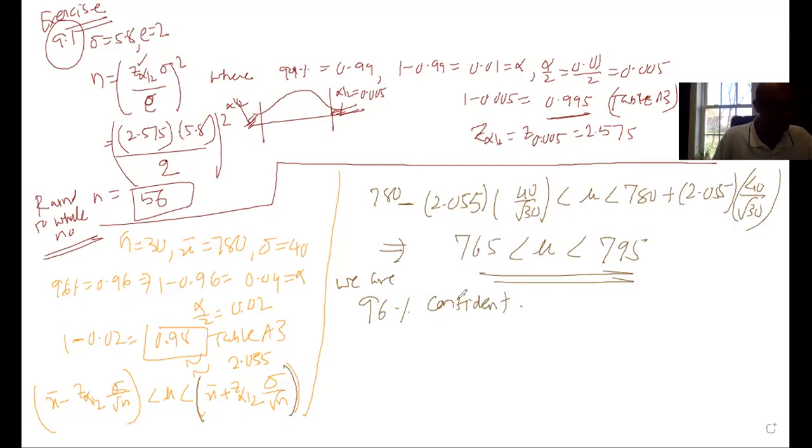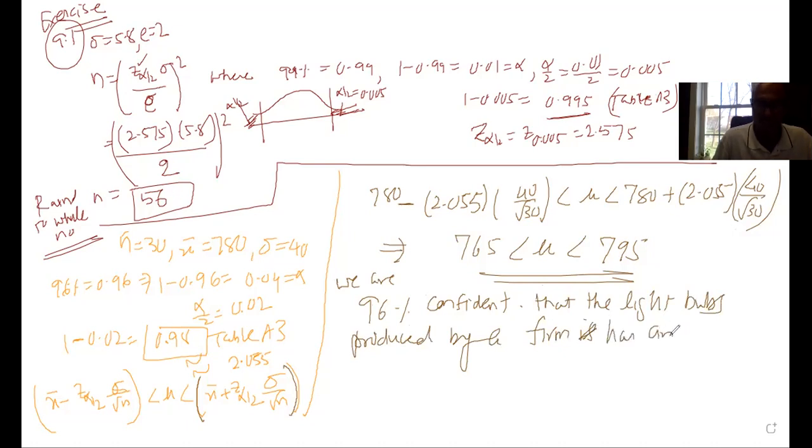We are 96% confident that all light bulbs produced by a firm have an average life of 780 hours.